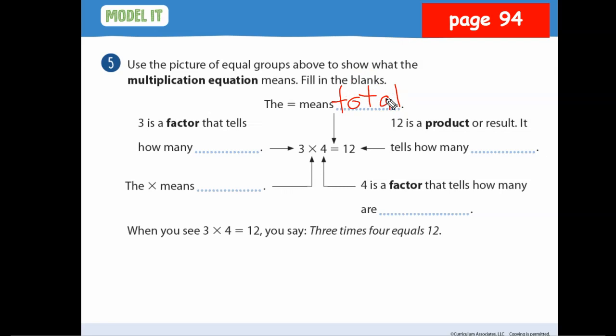If I'm right, what are you supposed to be doing? There you go. So 3 is a factor that tells how many. The first number tells me how many what? We circled how many what in the previous page?